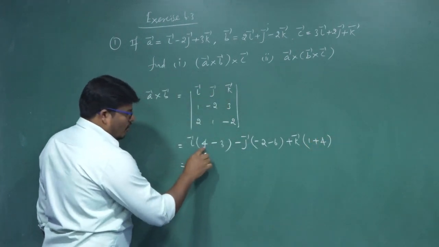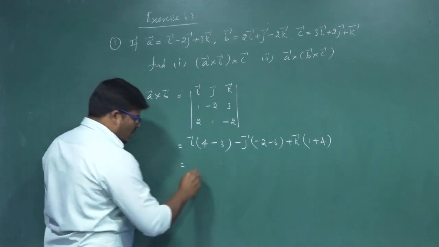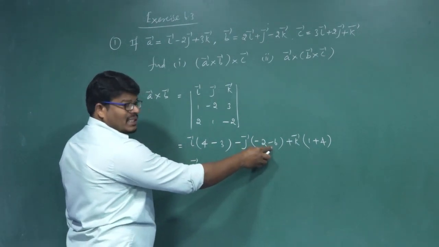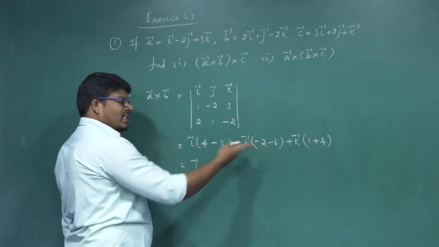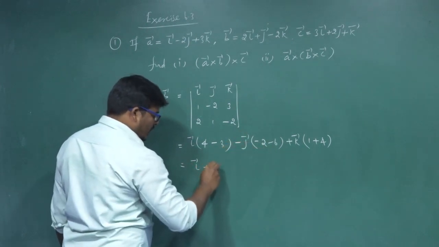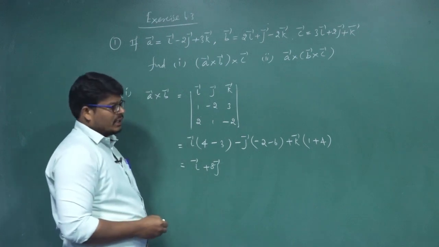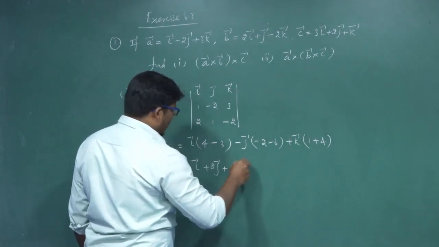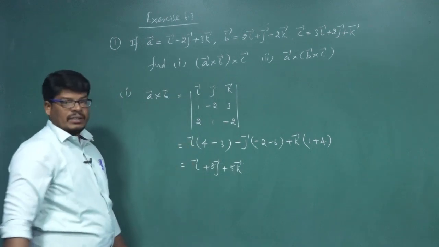That is 4 minus 3, which is 1, so i vector. The next is plus 8j vector plus 4 plus 1, 5k vector. This is A vector cross B vector.